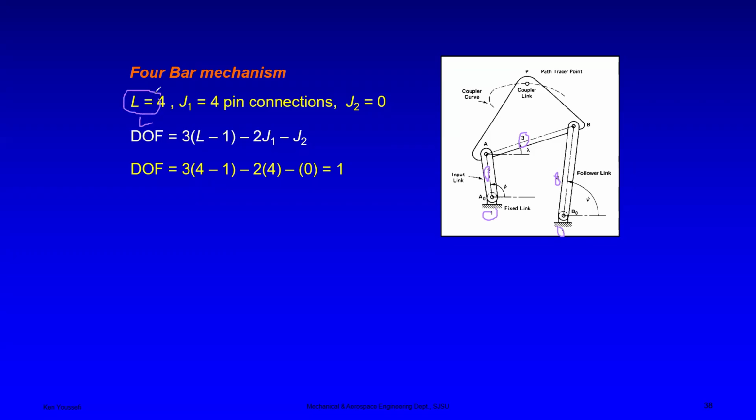But now, how about the joints? The joints are supposed to be 1 joint, 2 joint, 3 joint, and so those are 3 joints, and then the 4th joint. So that means we have 4 pins right there.